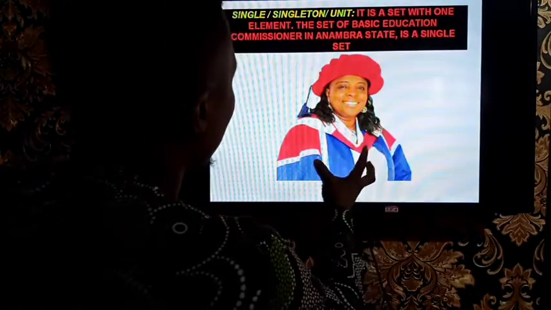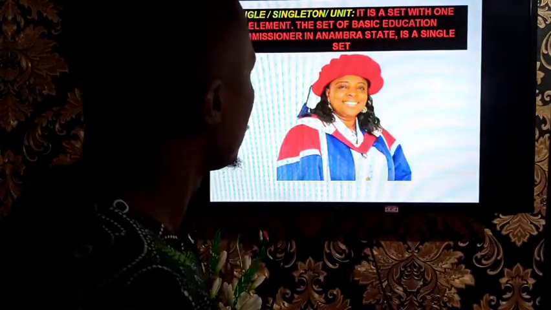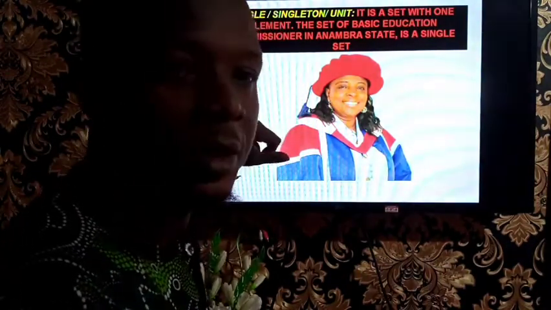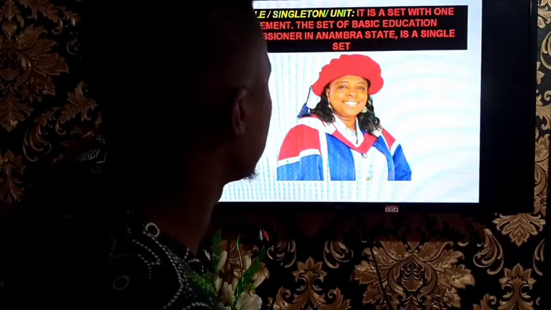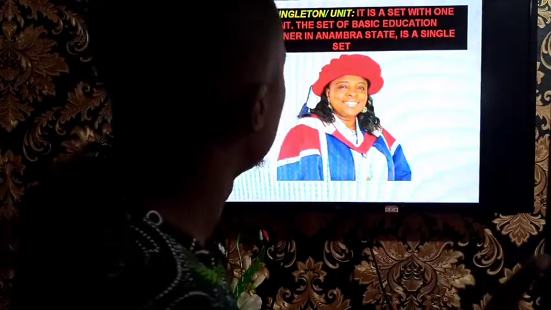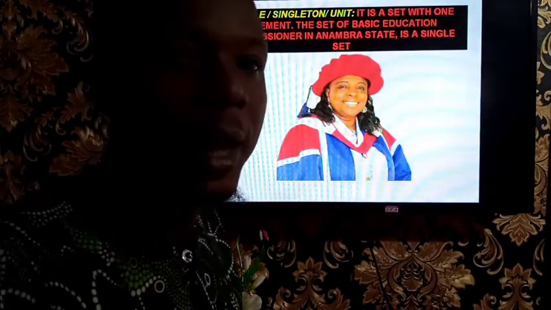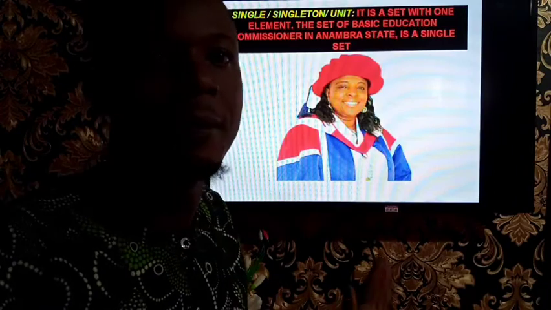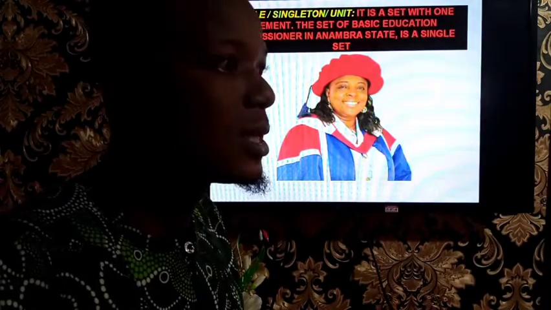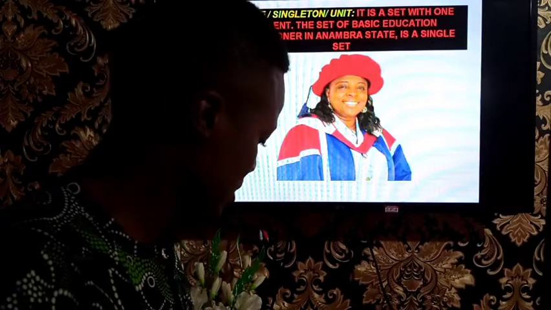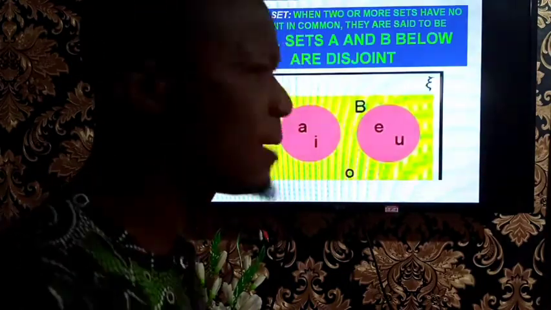The office is occupied by only one person. Therefore, that kind of set is called a single set, or a unit set, or a singleton. A set that has just one member. So when a set is having just one member, it means that that kind of set is called a single set.